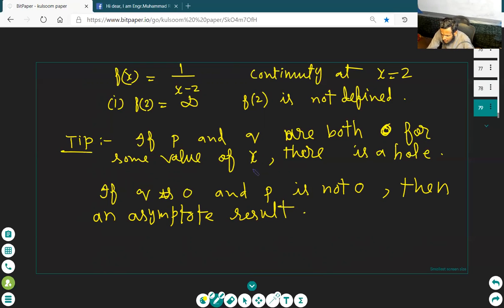Clear? When we get both 0, we factorize and reduce.